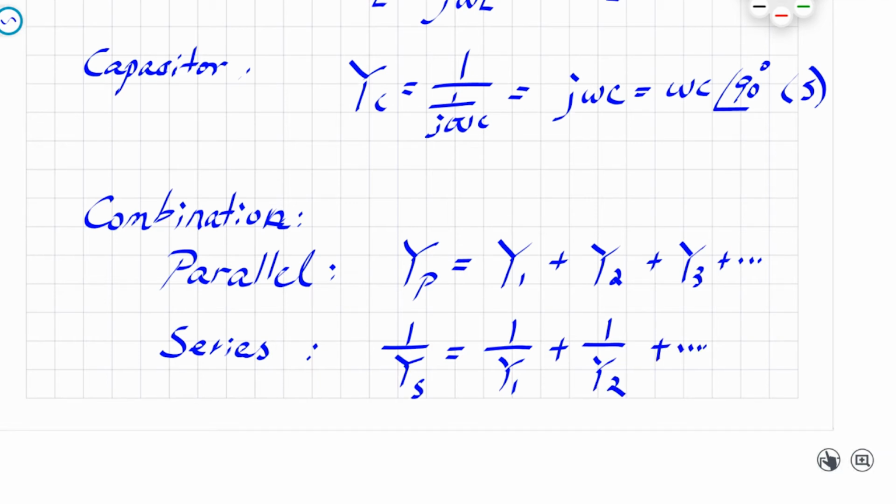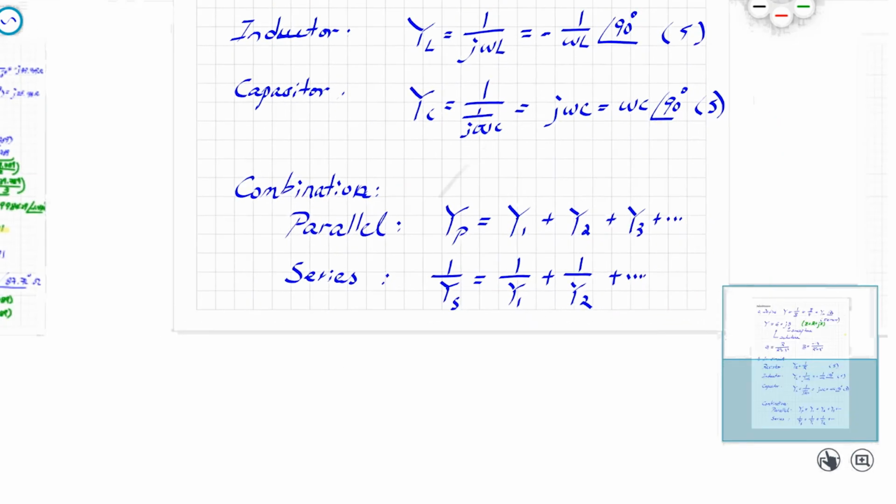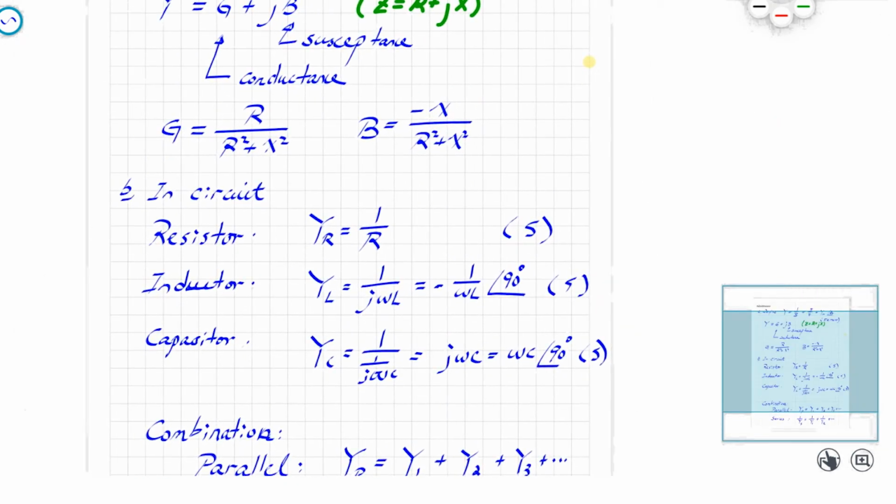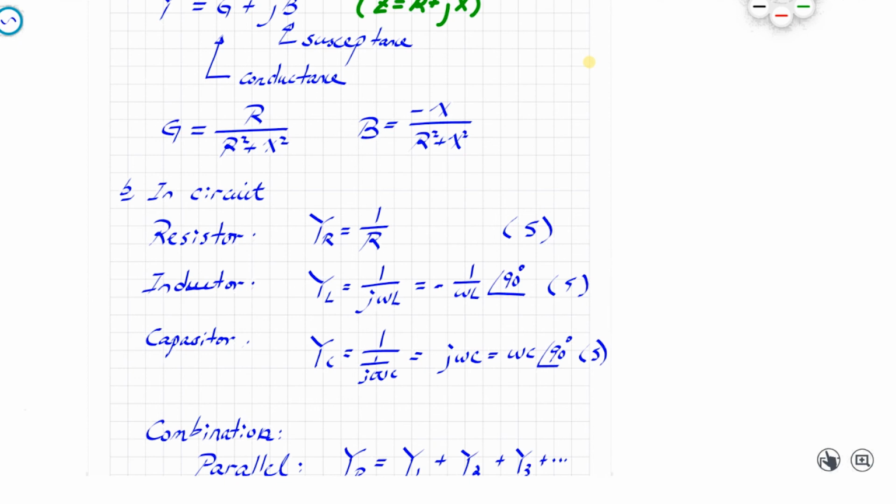So it's very similar, the operation of admittance is very similar to impedance. It just depends on the convenience, whether we want to use the reciprocal or add the reciprocal, or we just want to add the quantity itself. So we can sometimes use admittance instead of impedance.